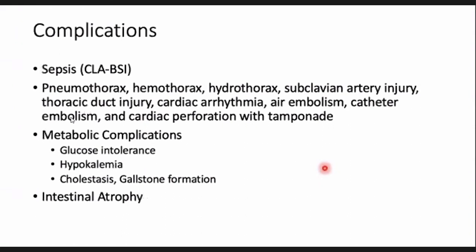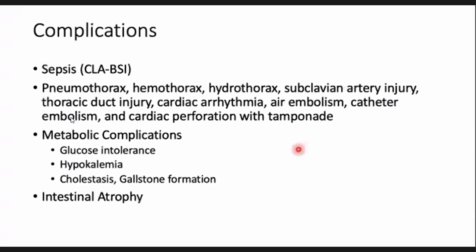This was mentioned earlier. The complications: catheter-related or catheter-associated bloodstream infection, pneumothorax, hemothorax, hydrothorax, subclavian artery injury, thoracic duct injury from placement of your central line, air embolism, arrhythmia, catheter embolism, and cardiac perforation with tamponade.